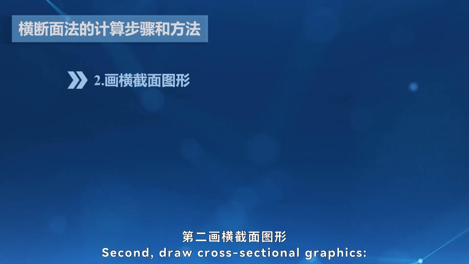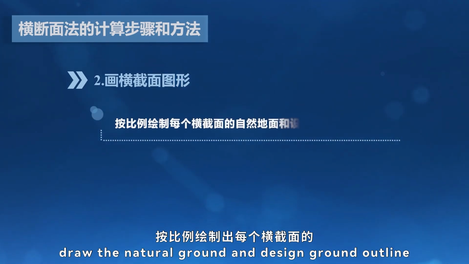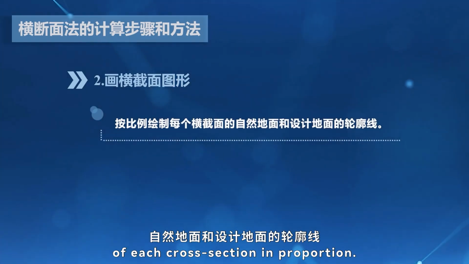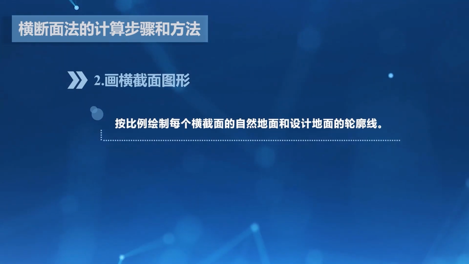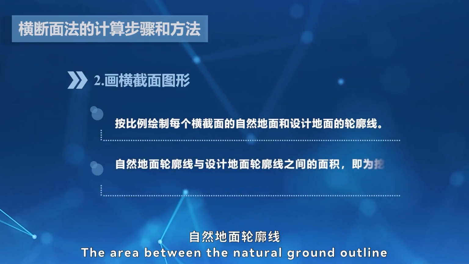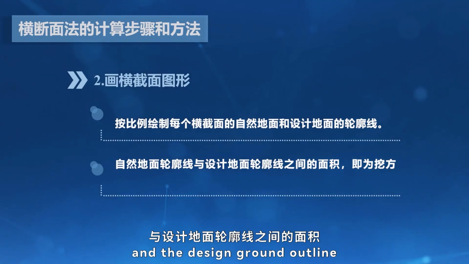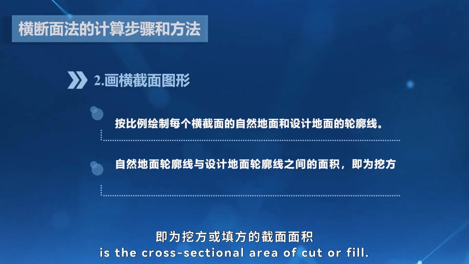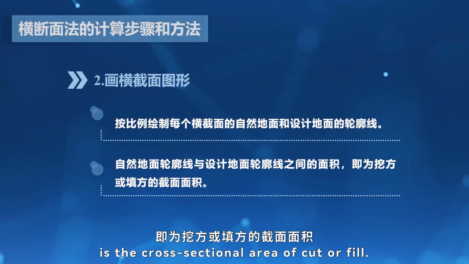Second, draw cross-sectional graphics. Draw the natural ground and design ground outline of each cross-section in proportion. The area between the natural ground outline and the design ground outline is the cross-sectional area of cut or fill.